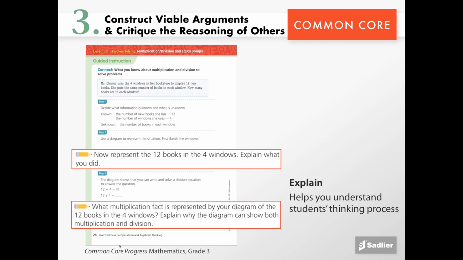Throughout the program, you'll see this little pencil icon, which signals that it is an opportunity for students to write about mathematics and talk about mathematics, and which helps you understand students' thinking process.